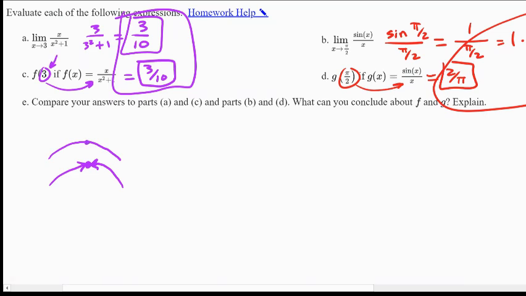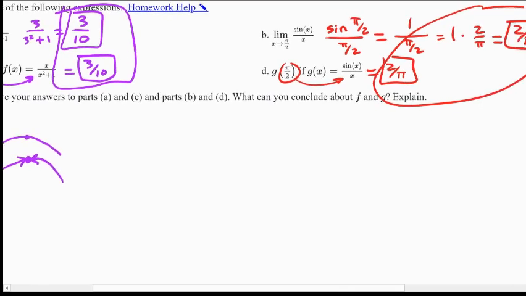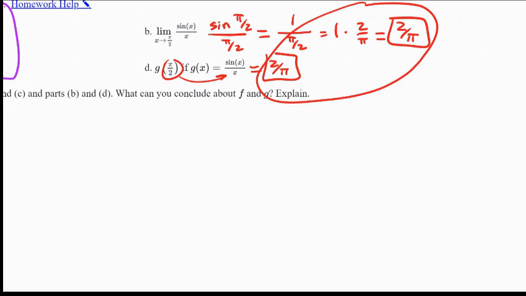So for a and c, that function is continuous at the x value of 3. And the same idea for the red one here: we have a function where we have a point at 2 over pi and a limit that points towards 2 over pi. And so therefore this function is continuous at the x value of pi over 2.